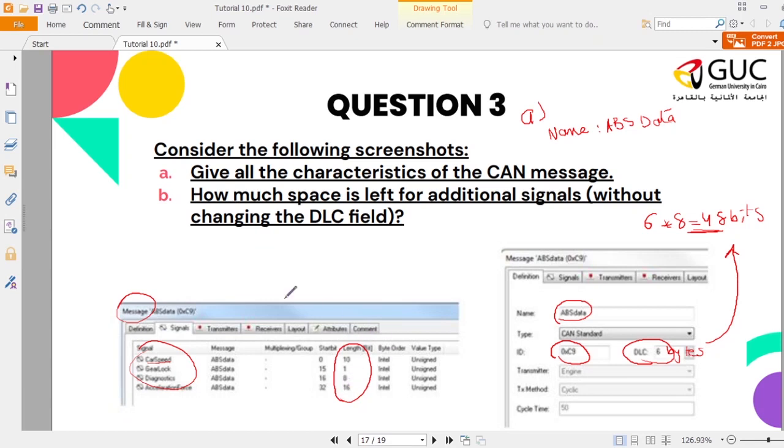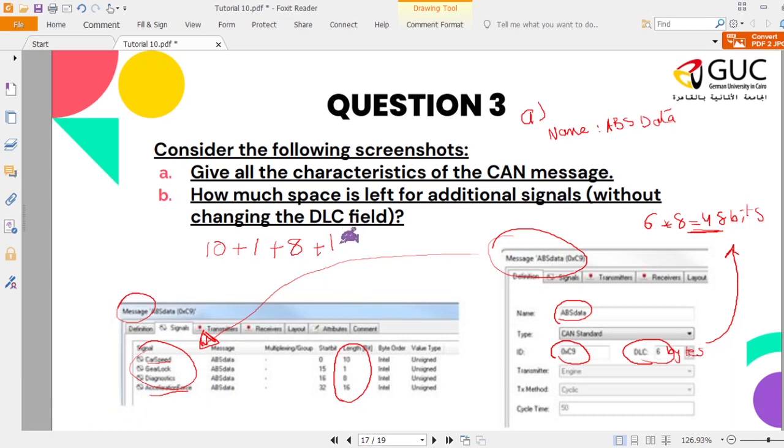Again, this message contains data about 4 signals, which are the car speed, which has 10 bits in length, and the gear lock, which has a length of 1 bit, and diagnostics, it consists of 8 bits, and the last one is acceleration force, is 16 bits in length.